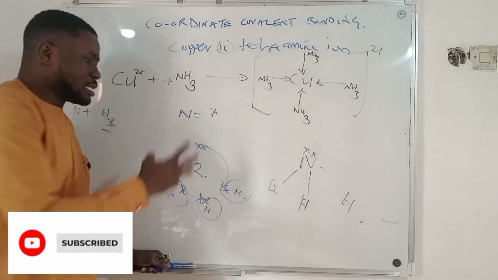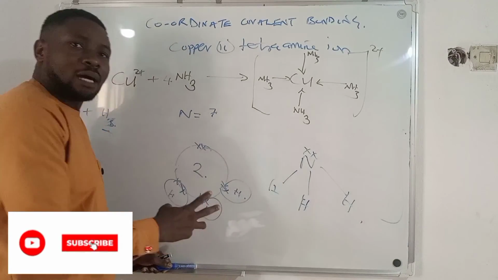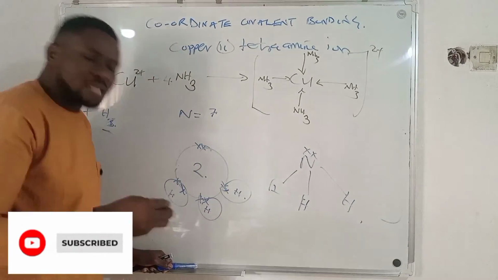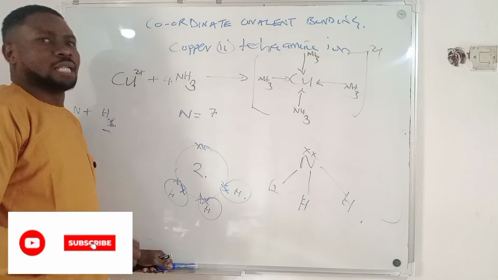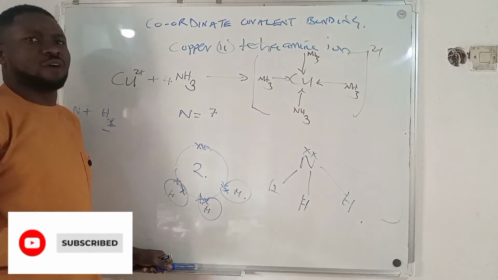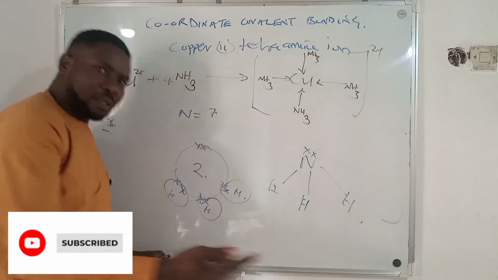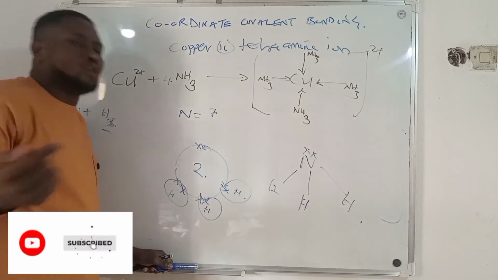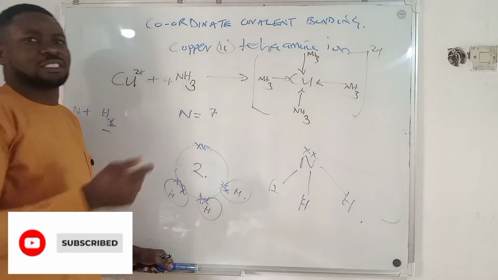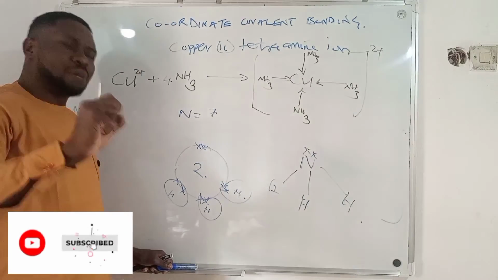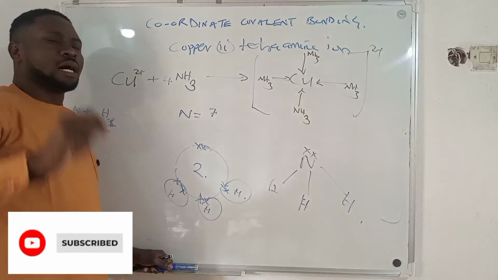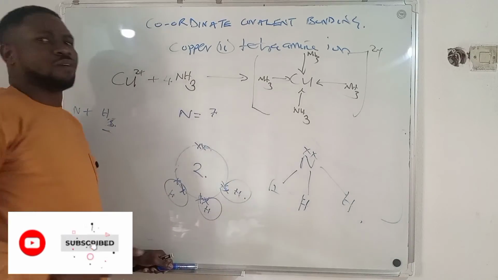Please take note. It is this property of water and ammonia that makes them the commonest molecules that can undergo dative covalent bonding with a participating atom that has no electrons in its outermost shell. That is the basic difference between covalent bonding and dative covalent bonding.